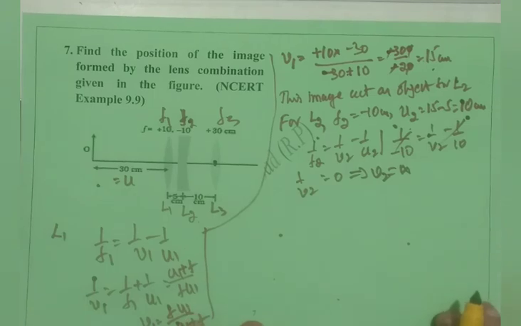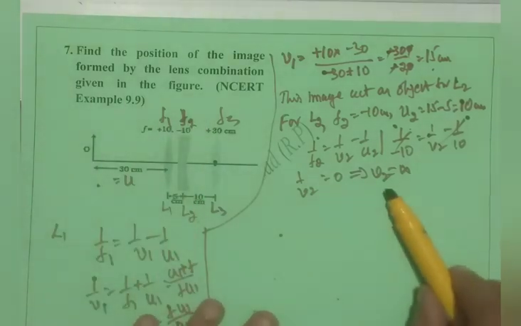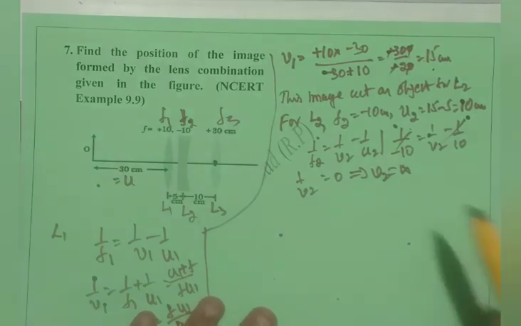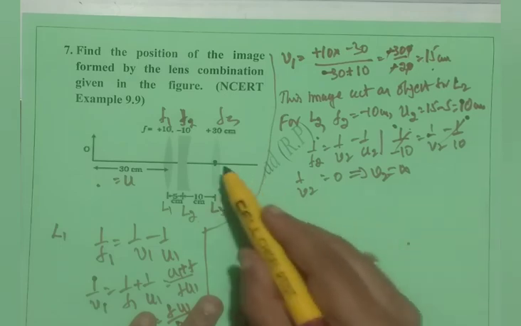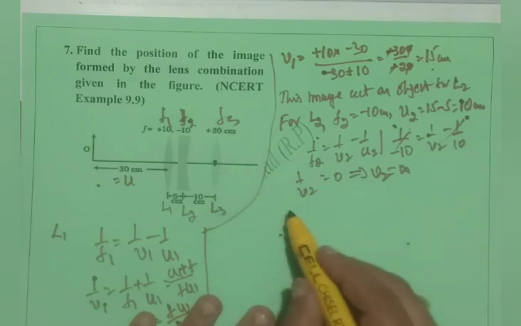That means the second lens creates an image at infinity towards the left side of it, that means towards this side. Now once we get v2 at infinity, that image created by L2 at infinity acts as object for the third lens L3.